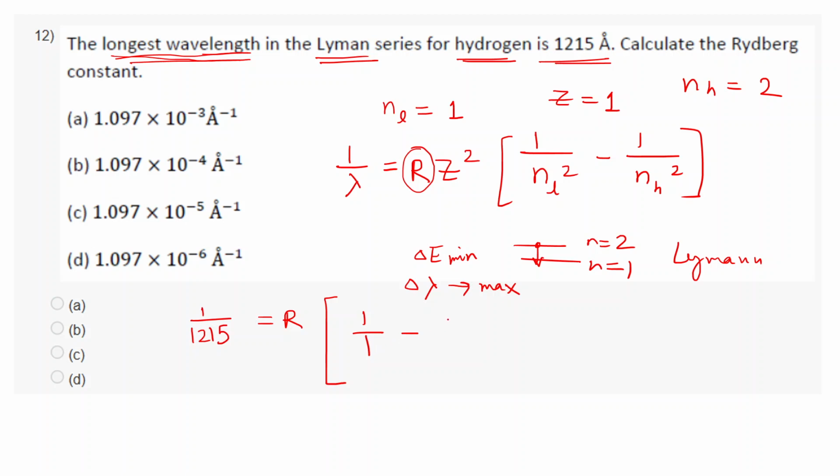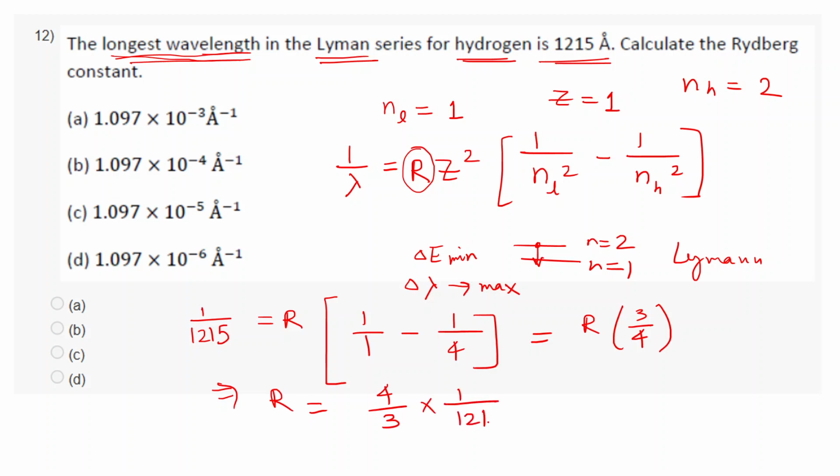Square of 1 is 1 and square of 2 is 4. So this will be 1 minus 1 over 4, which is 3 by 4. So R will be 4 by 3 times 1 over 1215. I have taken this 3 by 4 to the left side, so it became 4 by 3.